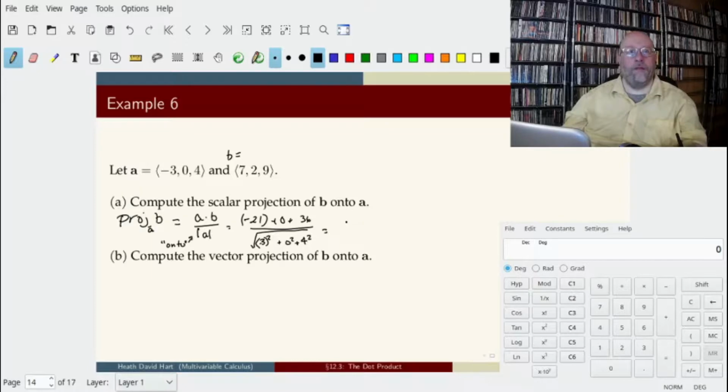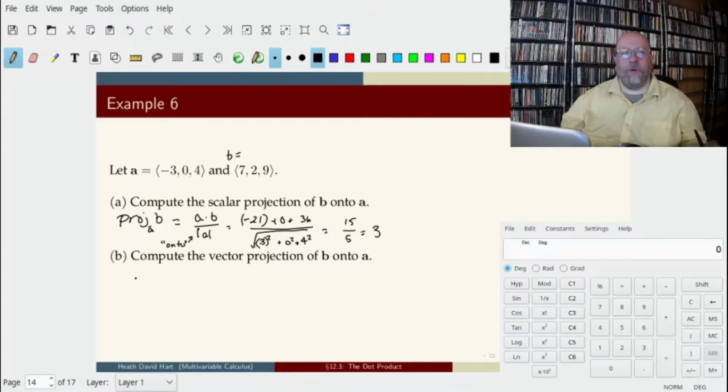And on the top we get 15. On the bottom this is 5, and 15 divided by 5 is 3. And so whatever unit of length we're dealing with here, that's how long the scalar projection will be. It'll be 3 meters or 3 feet or 3 miles long, depending on what my units are.